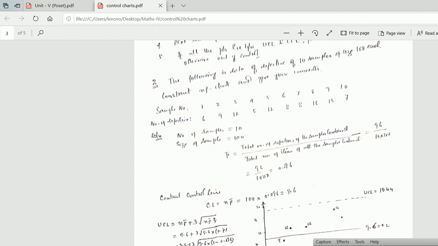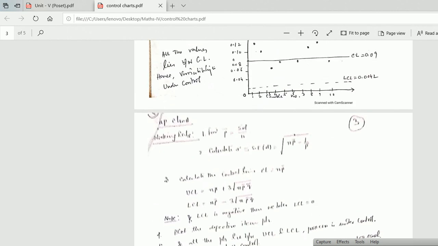So in this way I have shown you how to apply the two charts, P chart and NP chart. The basic thing about these two charts: you have to remember the formulas of upper control limit and lower control limit. From there and from here you will get the control line.